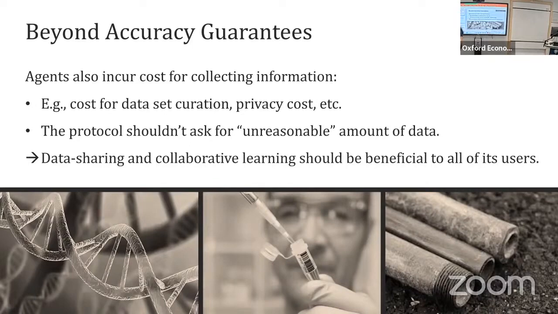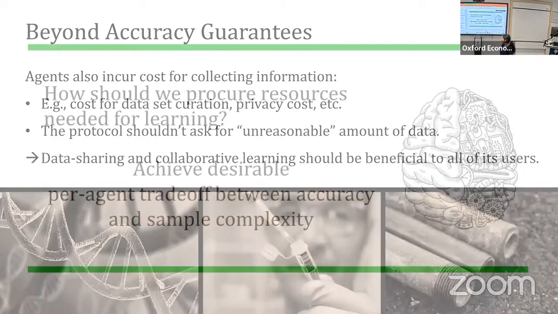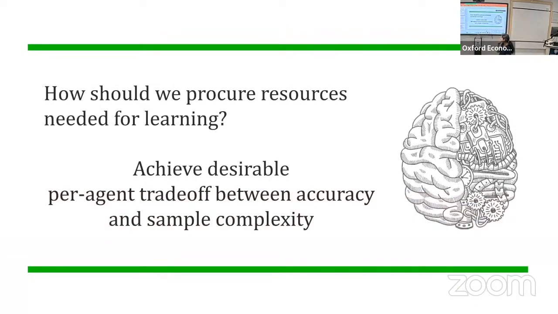And so what we want is that the protocol not only provides high quality per group performance, but also has a reasonable burden of samples being shared across different groups. And what you want is to make sure that you're never asking for something that is an undesirable trade-off for an agent between their performance and the cost.